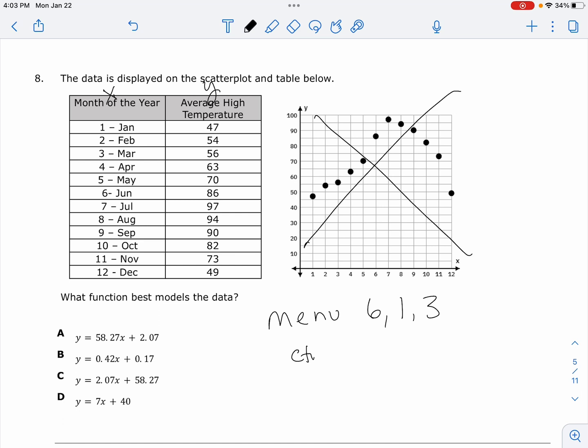You need to remember to hit control and fancy brackets, which is right next to the 0. And then you put in all of your X's. Put in every single point. So I'm typing them all in. I'm going to show on paper what it's going to look like on your screen.